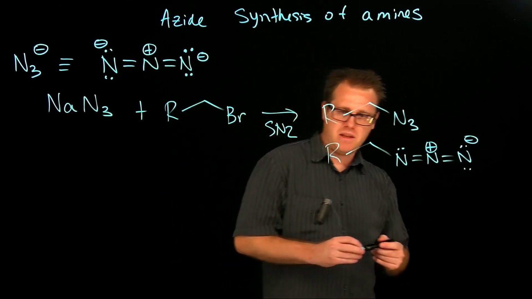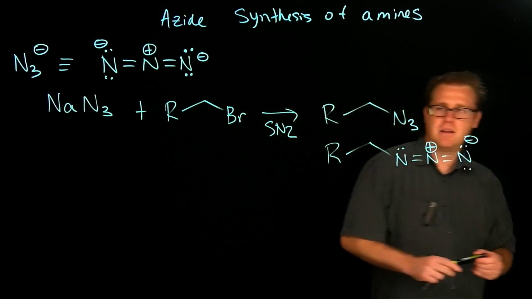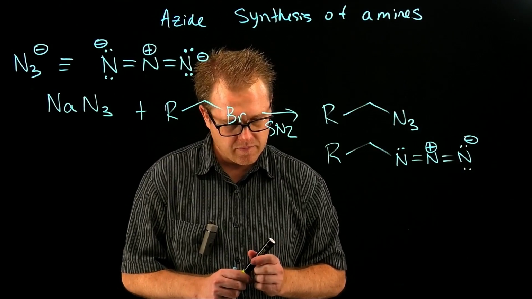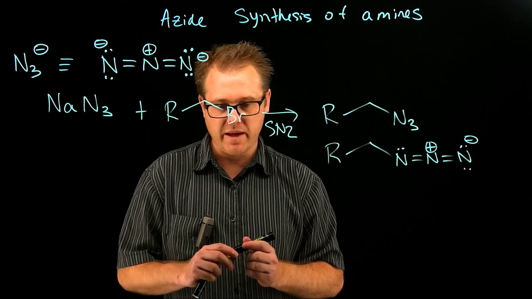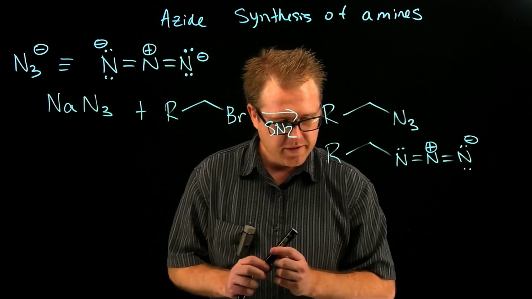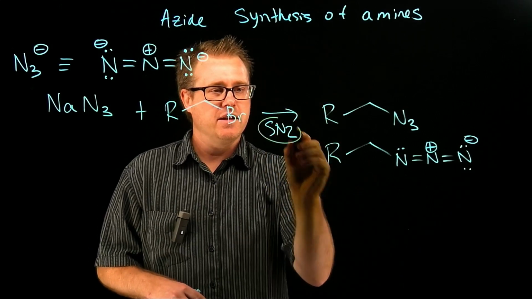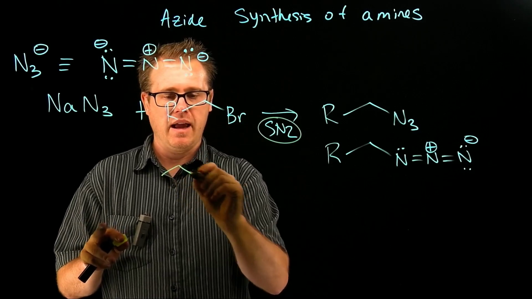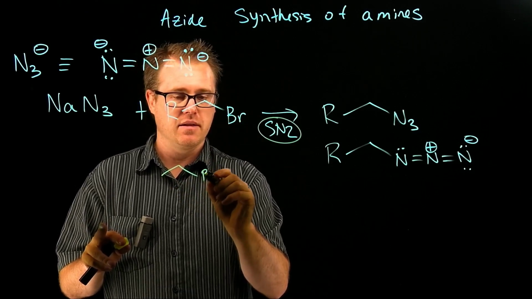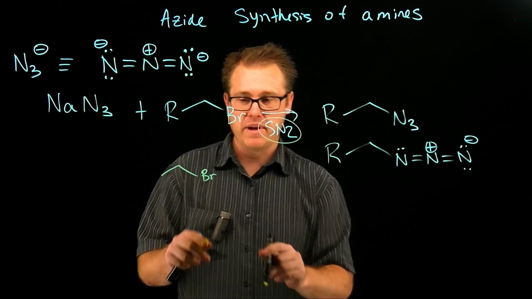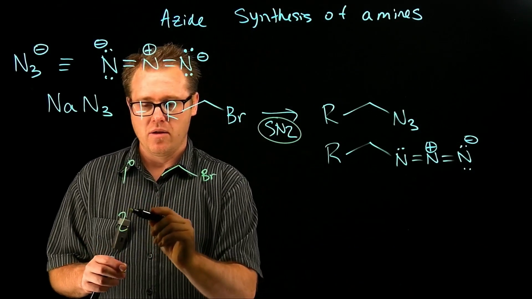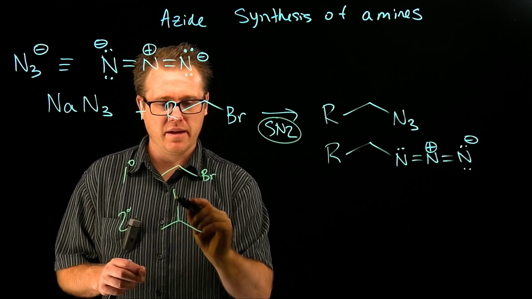Now I want to make a big deal about something, and it's this guy right here. It's SN2. So you could have, let's say, a halide that looks like this. That one would work because why? It is a primary alkyl halide. What if you have a secondary alkyl halide?